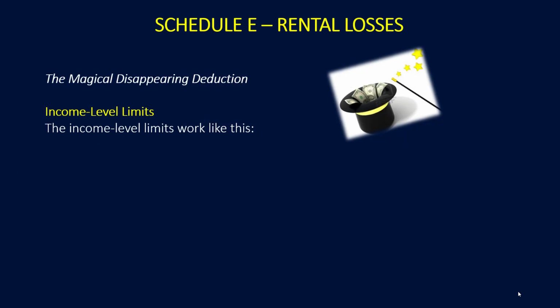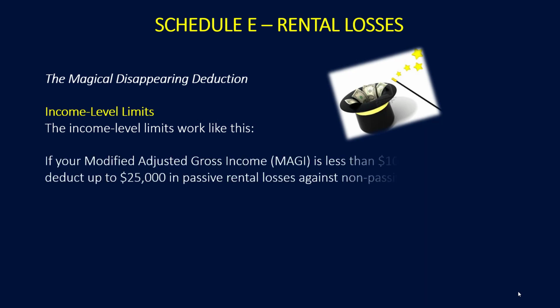Now there's a magical disappearing deduction. Income levels can limit rental losses, and they work like this. If your modified adjusted gross income, or what we call the MAGI, is less than $100,000, you can deduct up to that $25,000 in what we call passive rental losses against non-passive income.